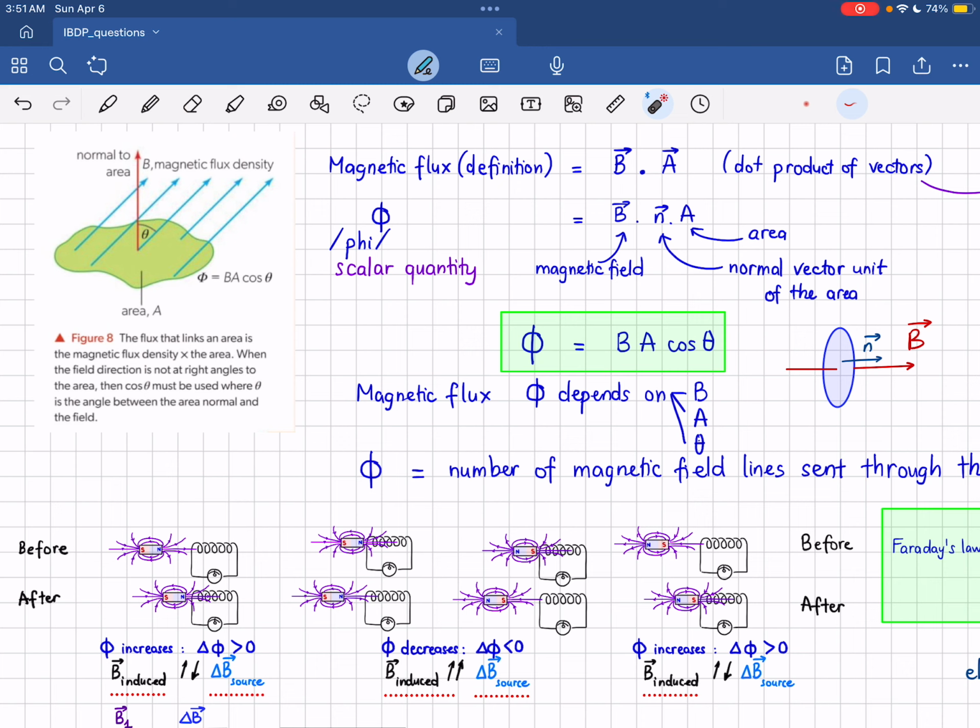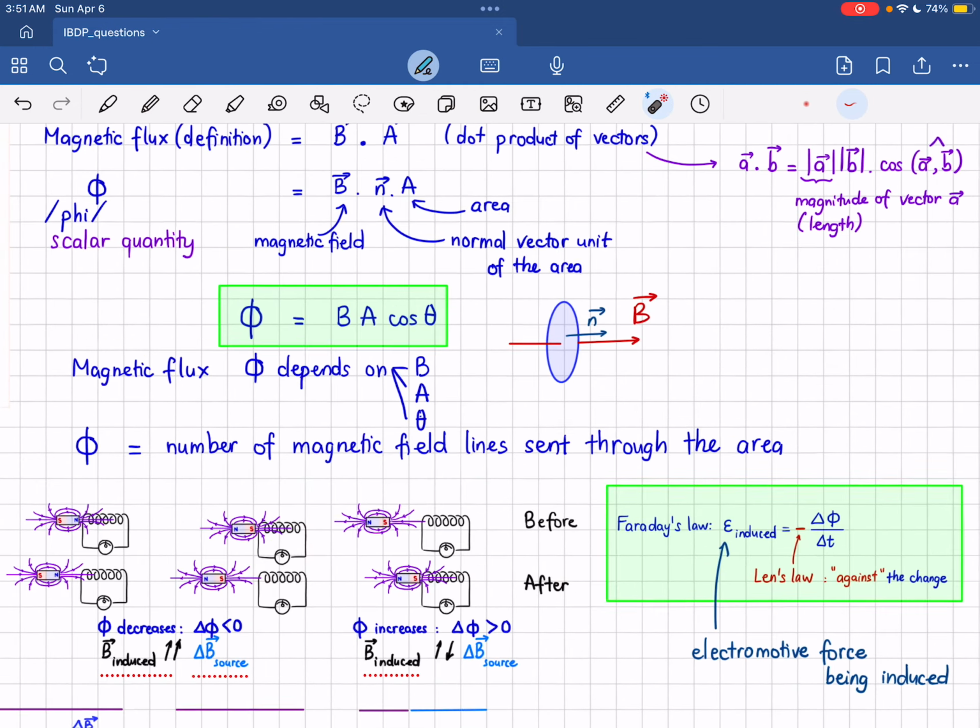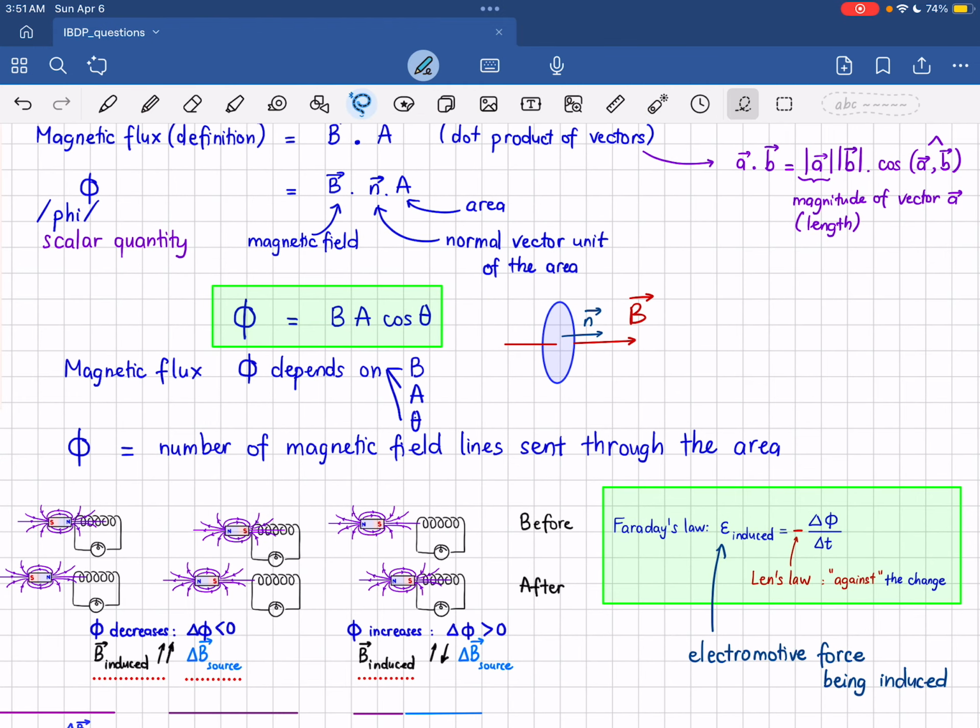Okay, so what if we have a case like this, still the same surface area in that position, but now you have the magnetic field like this. We can see very clearly that in this case there's no magnetic field sent through the area. There's nothing, and this is still the normal vector of the surface.